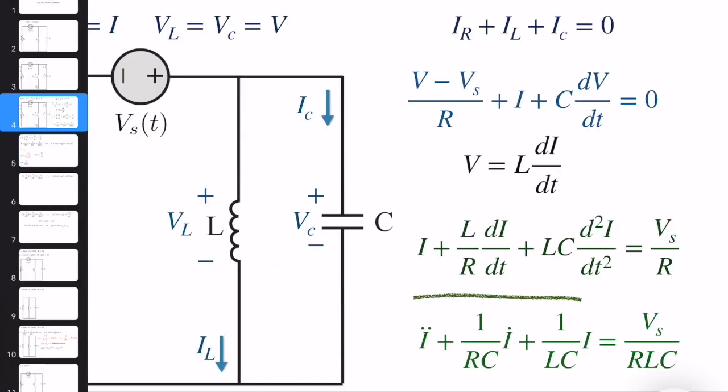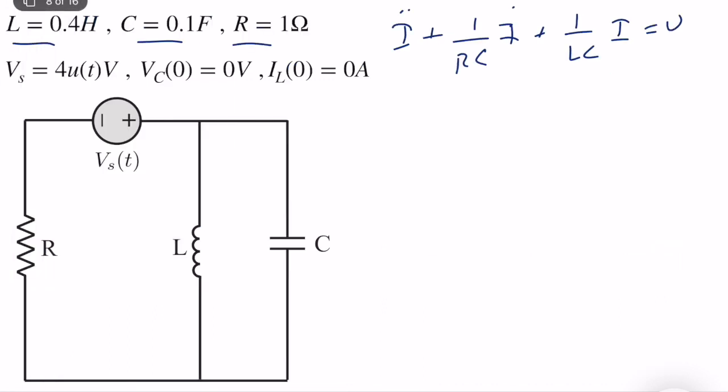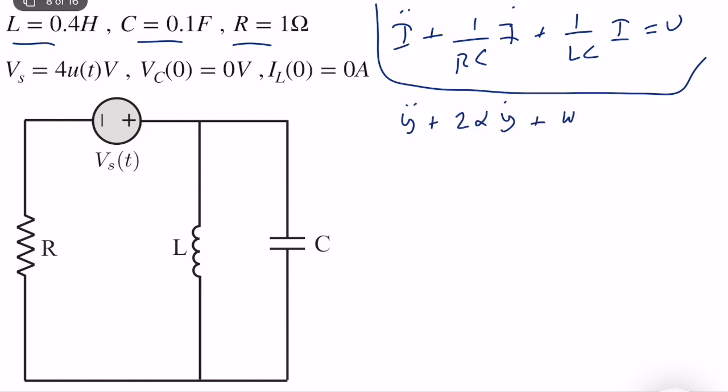So this is our homogeneous ODE, and we write this in the form y double dot plus 2 alpha y dot plus omega 0 squared y is equal to 0. What we need to do is compute alpha and omega 0, decide on the case of the circuit, and move on with that.